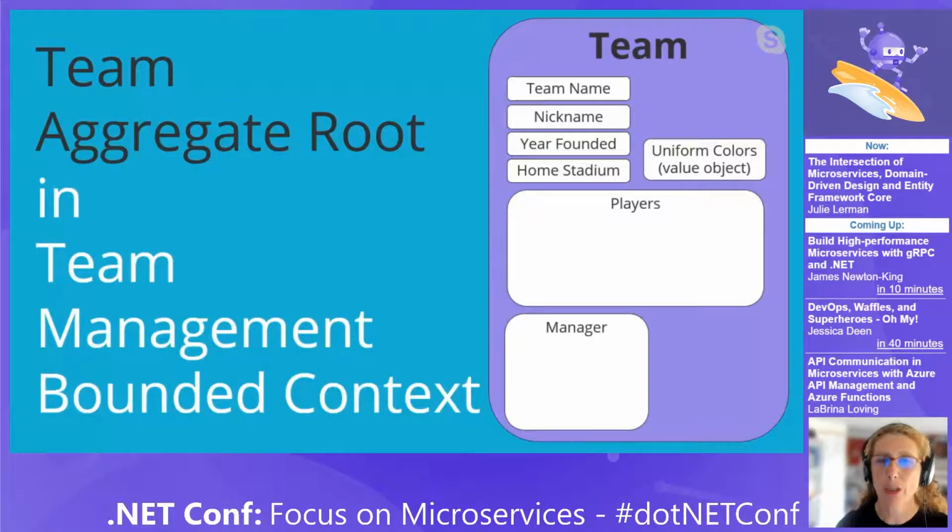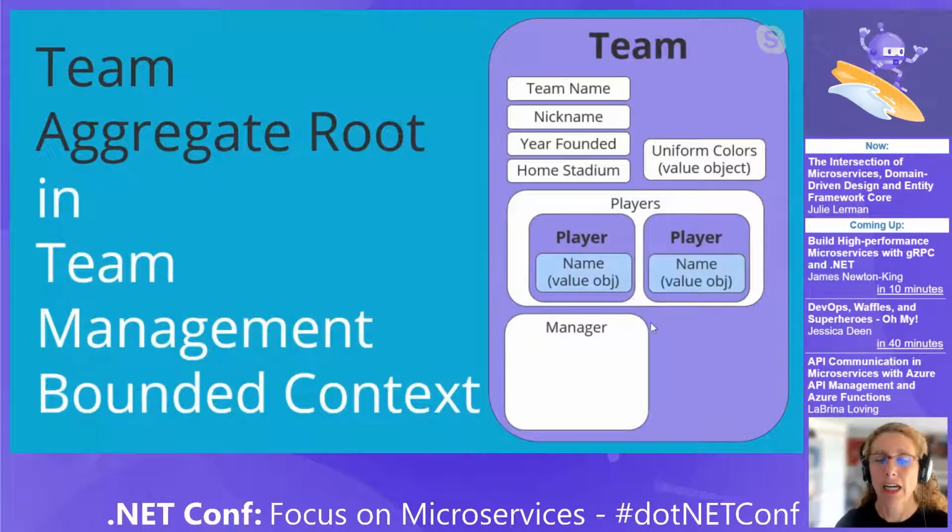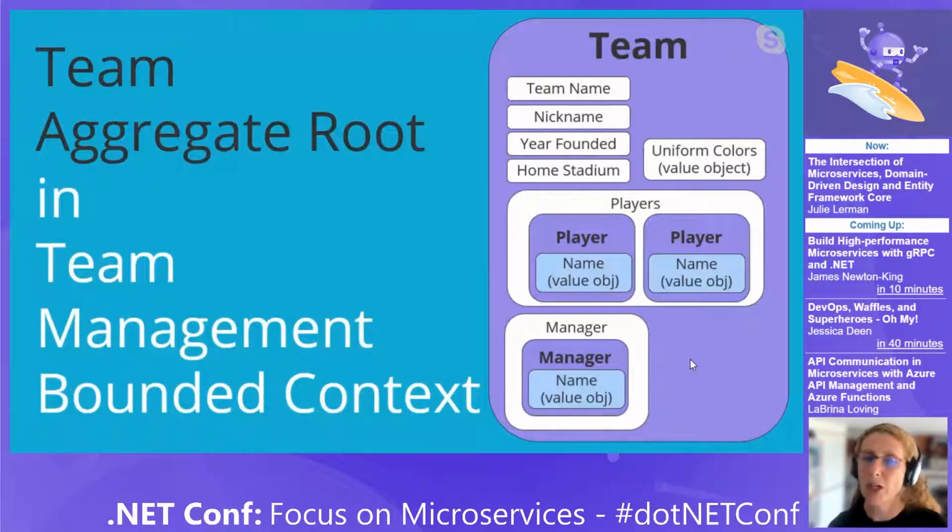Those are just scalar properties. Then I have a value object called uniform colors. And then I have a collection of players. The player type has a property called name that itself is a value object. And I also have a one-to-one relationship between team and manager, since the team only has one manager at a time. And the manager also takes advantage of this value object called name.